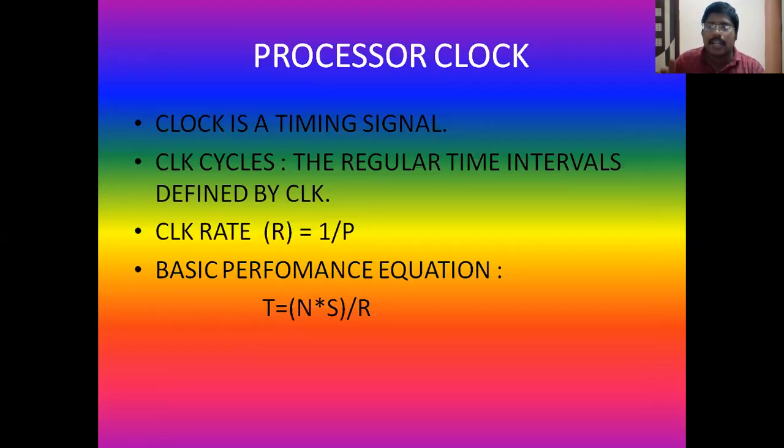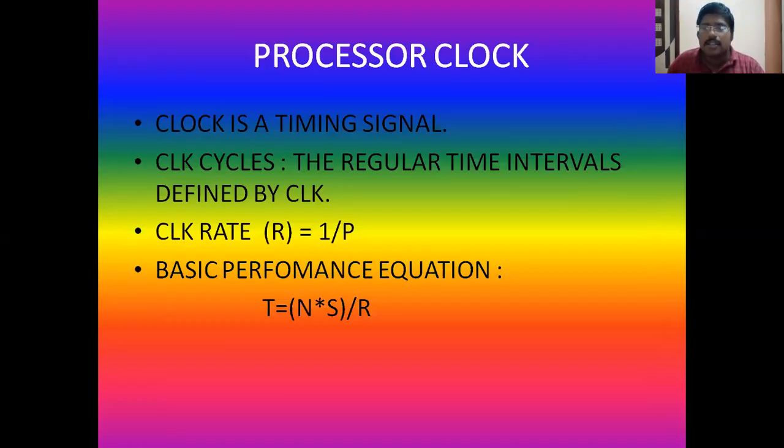Time period means the time taken to perform one operation. If it is very less, then obviously in a given time you can perform multiple operations. If the time period is more, that means to execute an instruction you are taking much more time, so obviously to execute a program it will take a lot of time. That is the concept mentioned here.